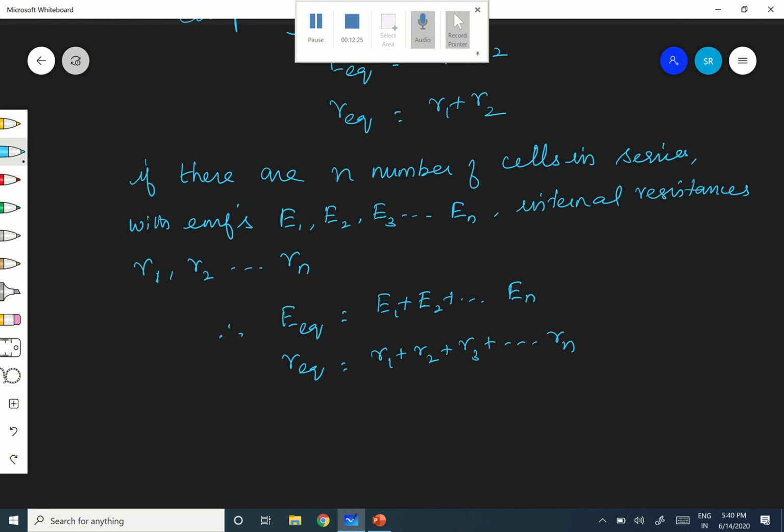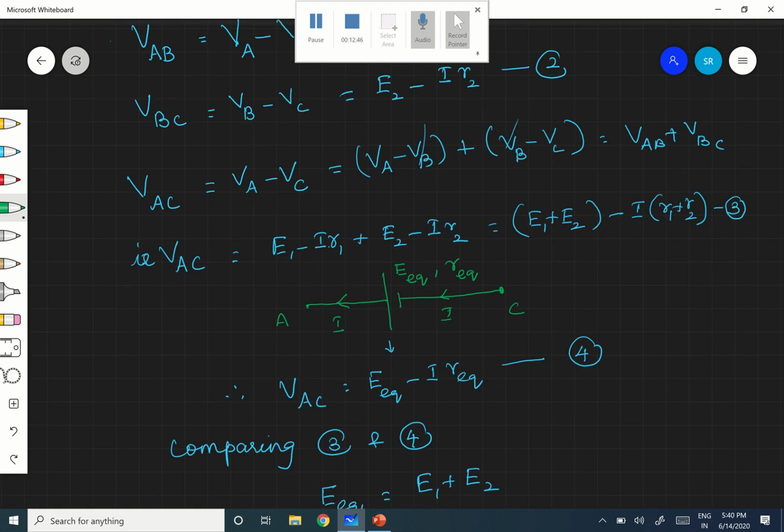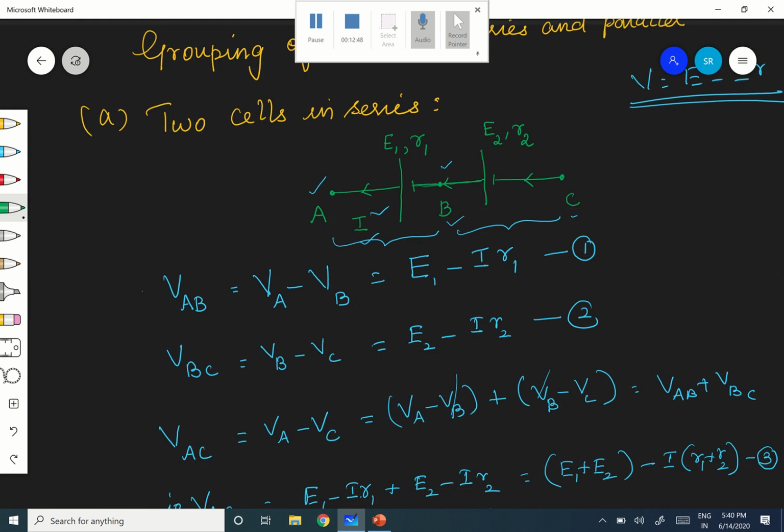In the series combination of two cells, now I have a slightly different case. I have two cells, E1 and E2, but the polarity of the second cell is reversed: the negative of the first cell is connected to the positive electrode of the second cell, correct?